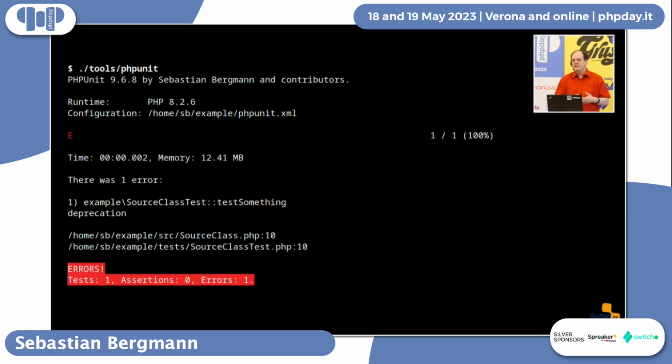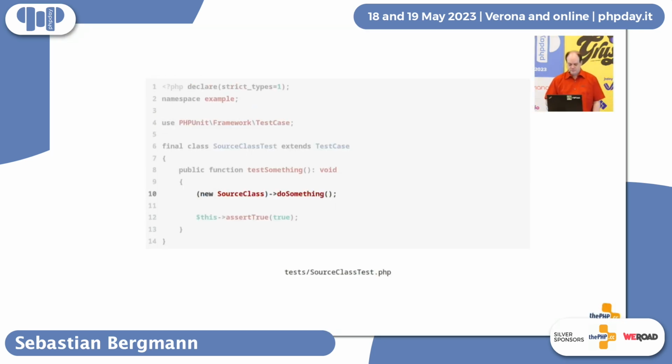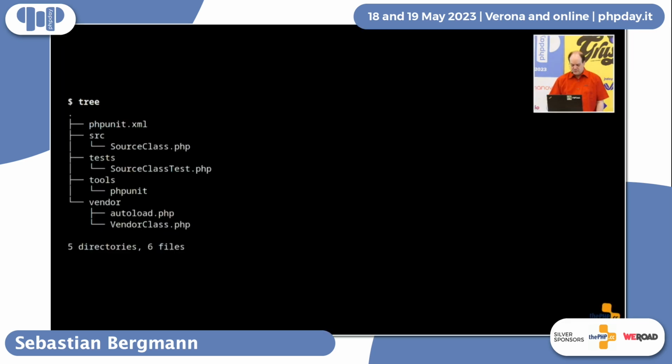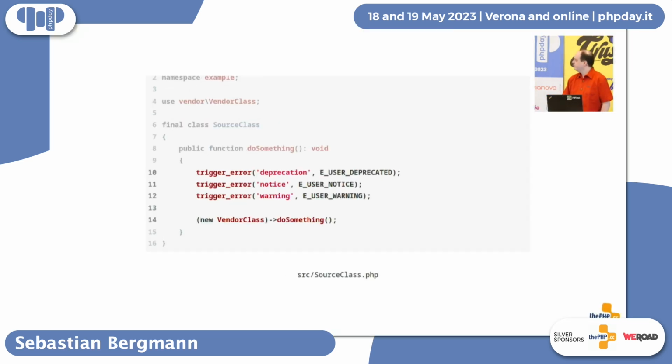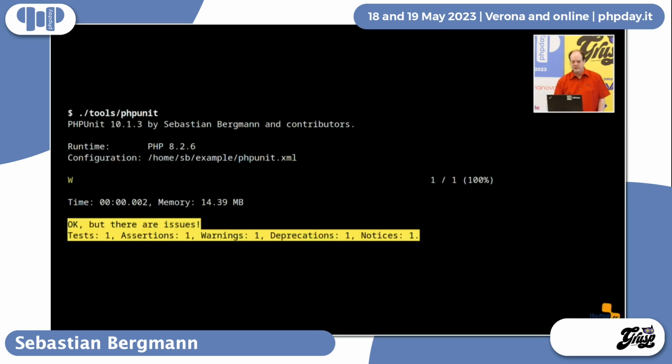When we run this test with PHPUnit 9, we get an error. There was one error: SourceClassTest::testSomething, deprecation, SourceClass.php line 10. SourceClass.php line 10, that's that line, trigger_error, deprecation, E_USER_DEPRECATED.